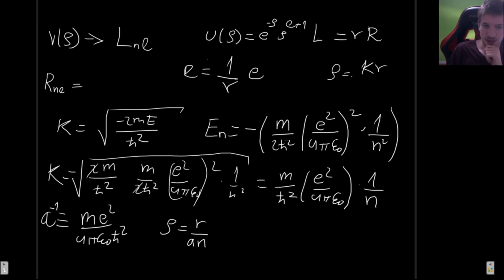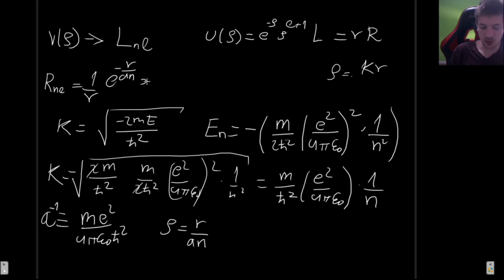So now let's go back to our solution for this R. Let's go back. So we're writing this R function, which was just u divided by r. So we had 1 over small r e to the minus rho. But what is rho? It's just r divided by a n.